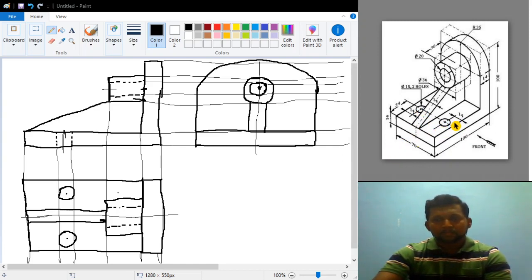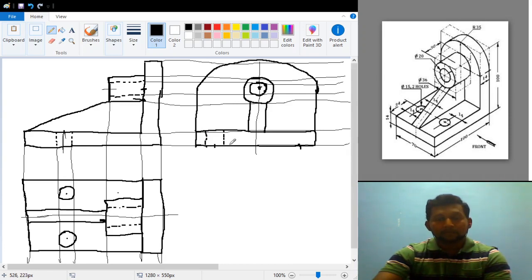Okay. So again, you know the location of this one in this 70 mm. From this end the inside distance is 14 mm, and here also it is 14 mm. So from here you can take 14 mm distance, and here also 14 mm. To the left side of this particular point, draw a 7.5 mm dotted line like this, and 7.5 mm dotted line like this, which represents the hole.